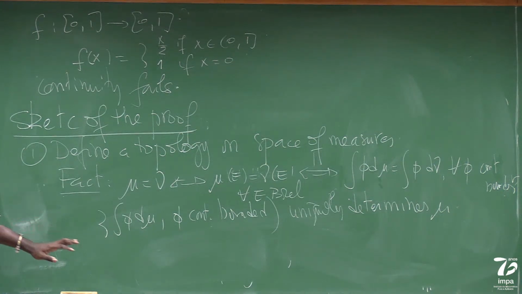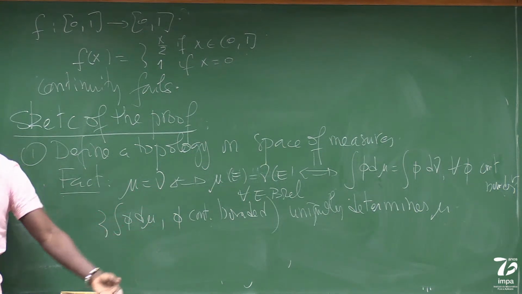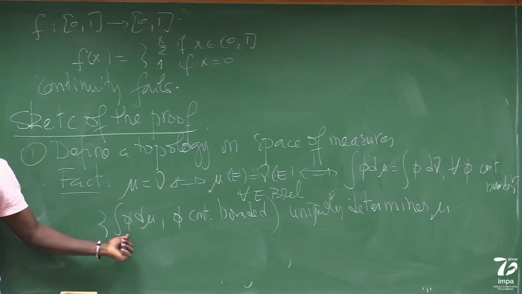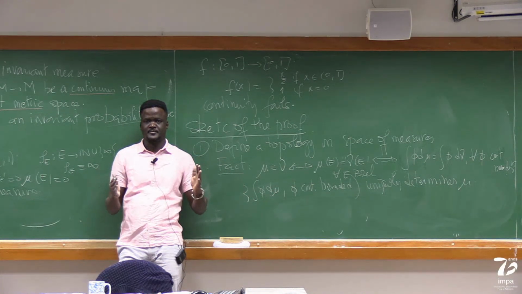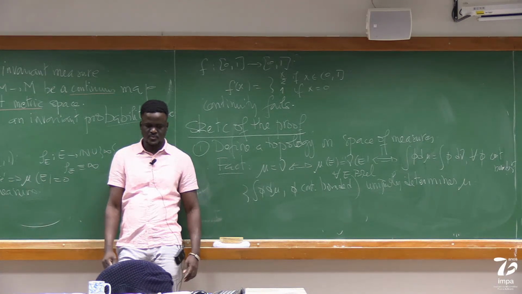So with this, we can think of two measures as nearby if they agree on a big class of functions. Like if I can find 1 million such functions where their integrals are nearby. That's the topology that we will define, which is called the weak star topology.